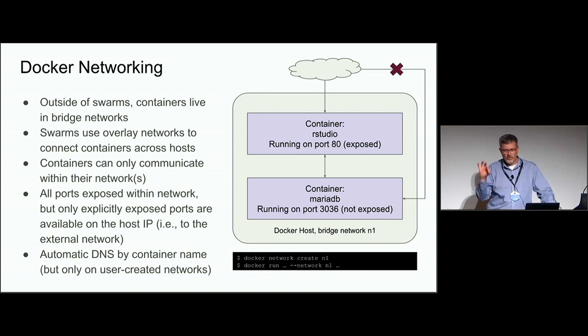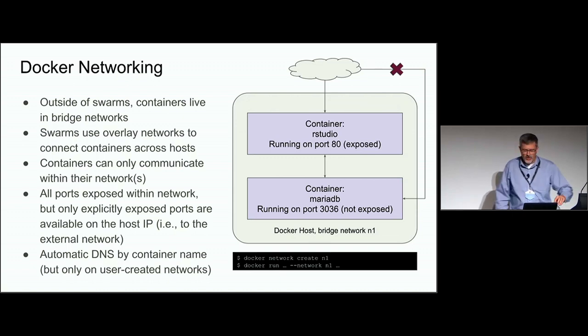You can open holes in Docker's firewall to expose ports that are running on those internal networks as if they were exposed on the Docker host. And then Docker for Mac and Docker for Windows and Docker Toolbox all have mechanisms where you can make those ports available on the host.